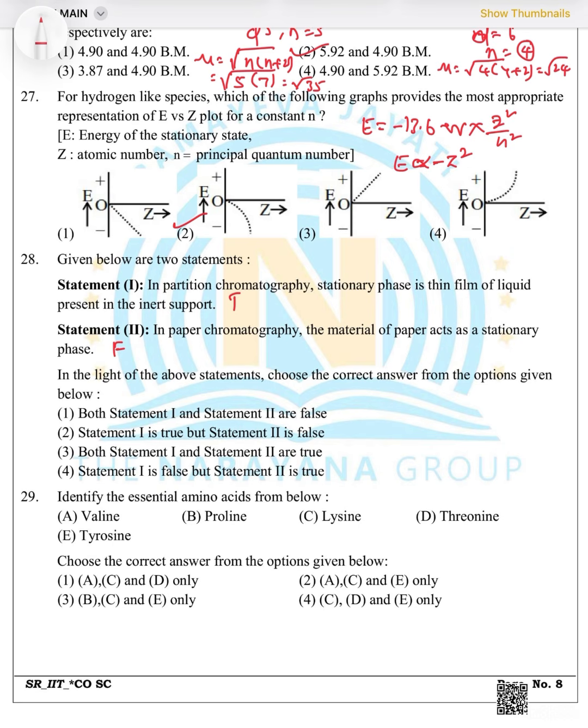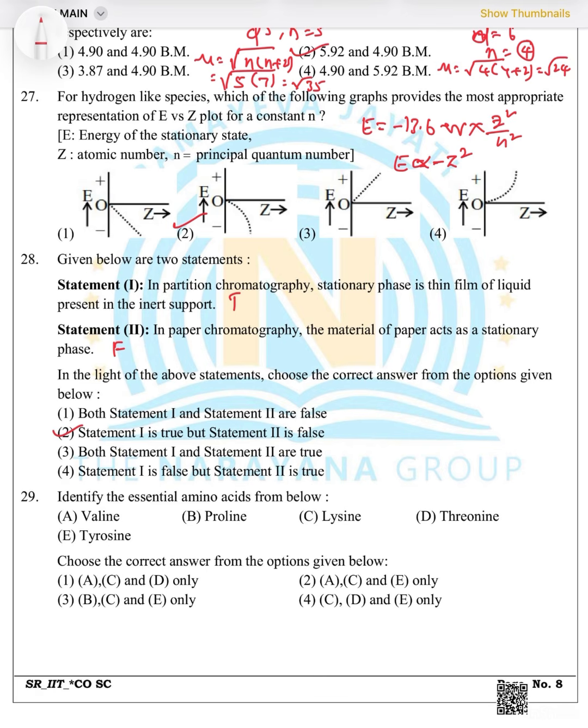Actually it is acting as a support. Paper is acting as a support. Right? A jelly substance is present which is acting as the stationary phase. So statement 1 is true, but statement 2 is false. Second option is correct.